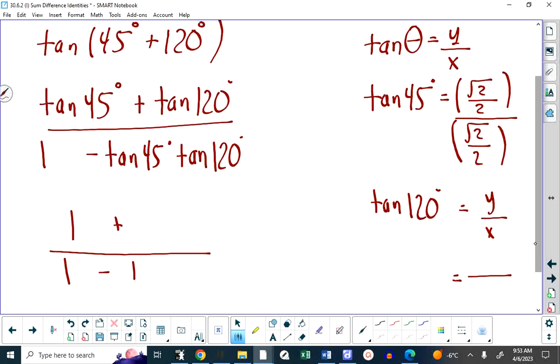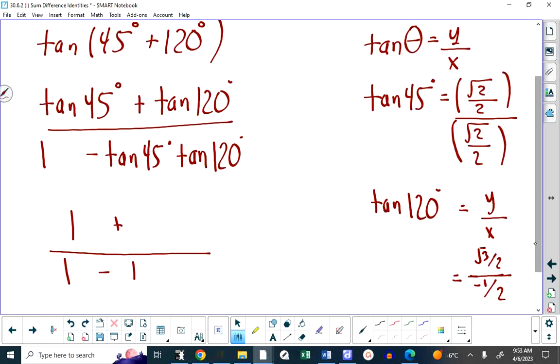So we're going to have root 3 over 2 over negative 1/2. Whenever I see a student write a fraction with that slanted line, I say don't do that. I'm just doing that because I've run out of room here.